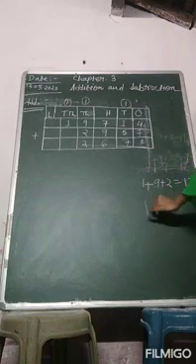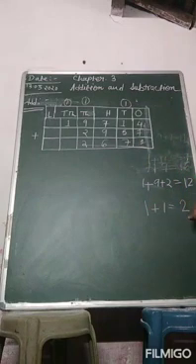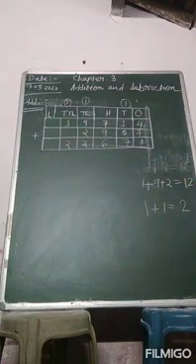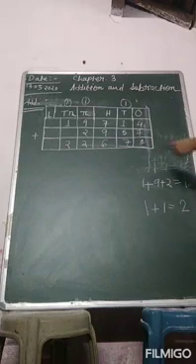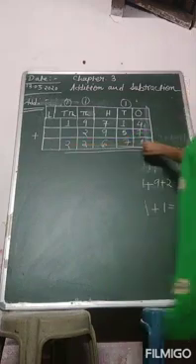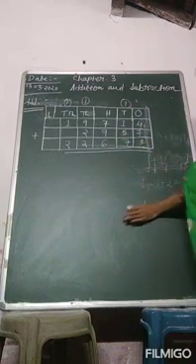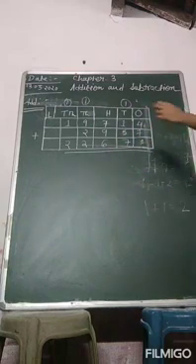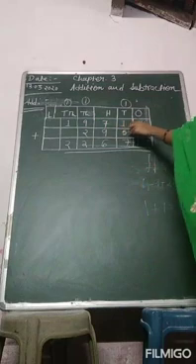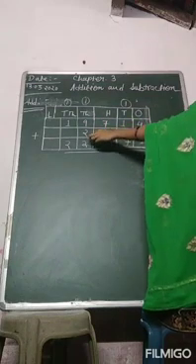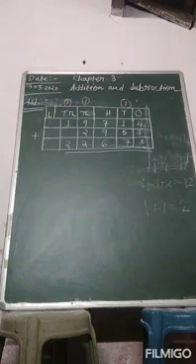Now 1 plus 1 is equal to 2. So we will write here 2. That means now 22,671 is the sum of 19,714 and 2,957.